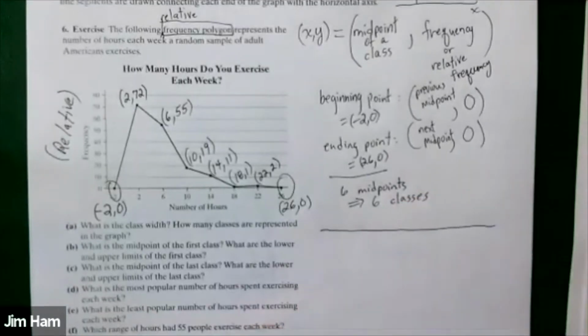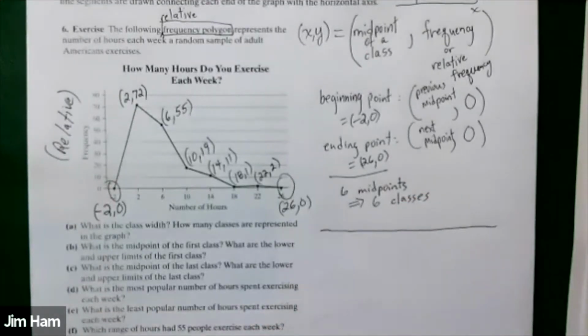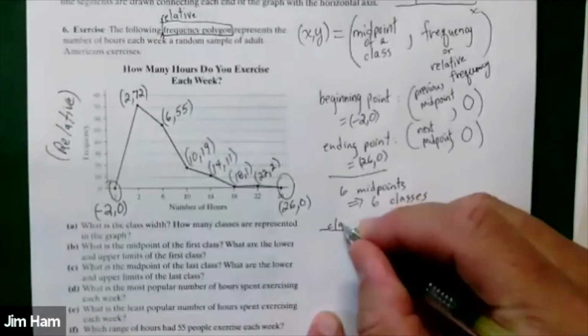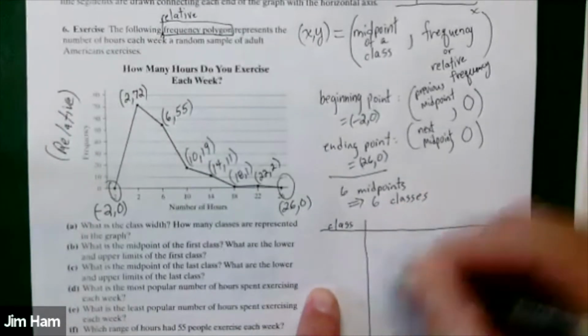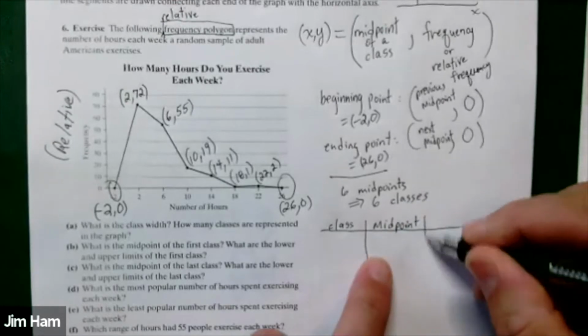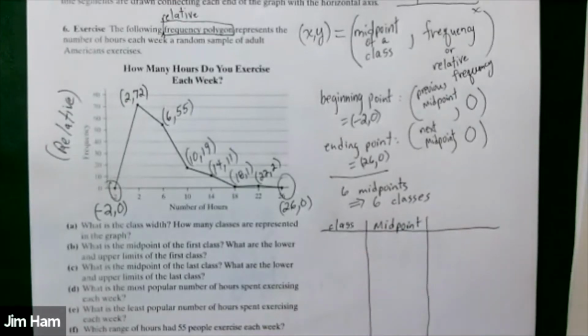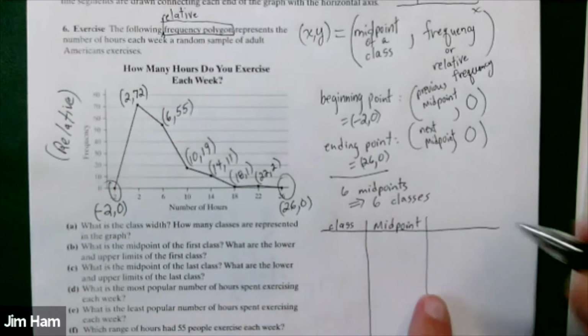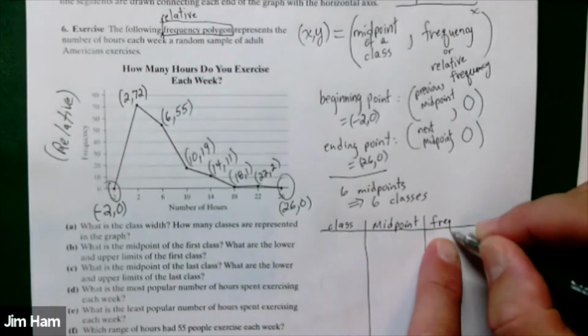To help us answer the questions below, and you might not need this table, but I think it's useful to go back and forth between the graph and the table. We're going to have the class here, and then the midpoint. And the midpoint is needed for a frequency polygon. And then the frequency.